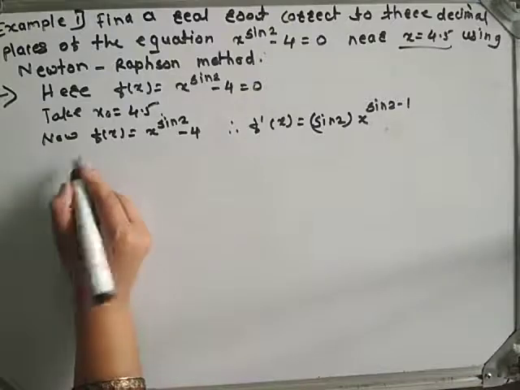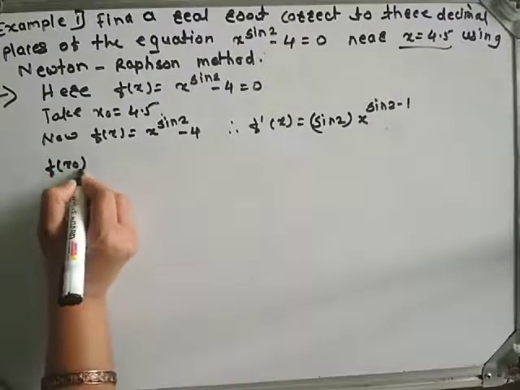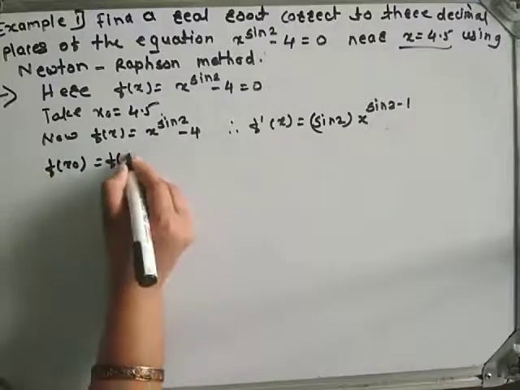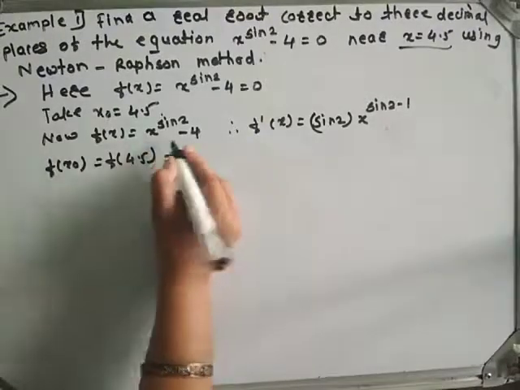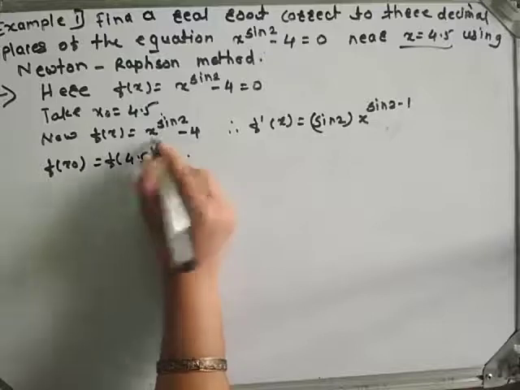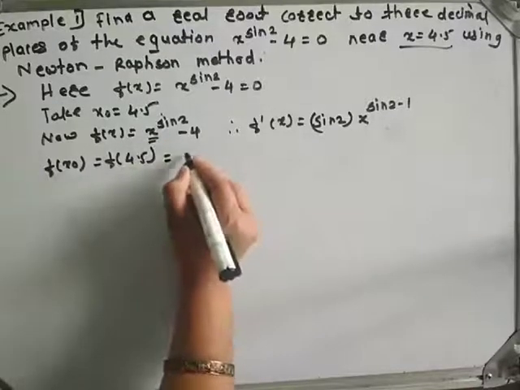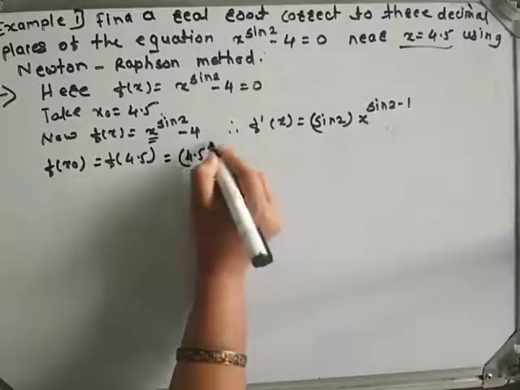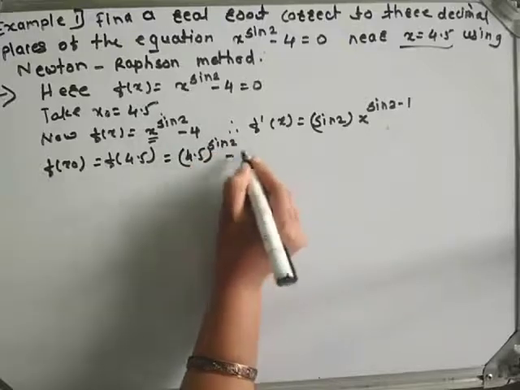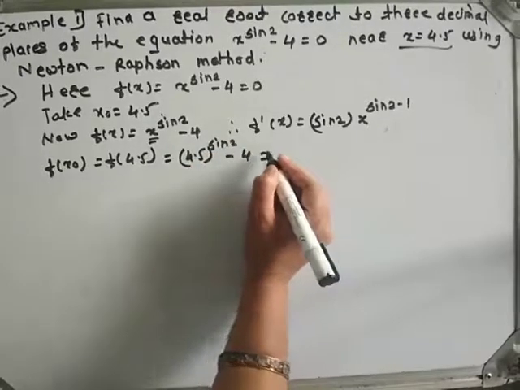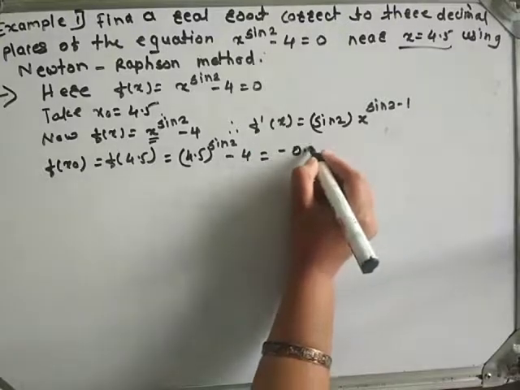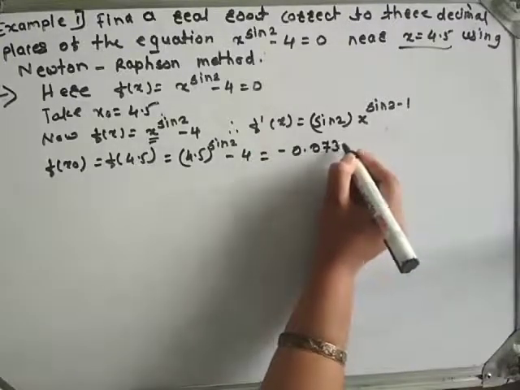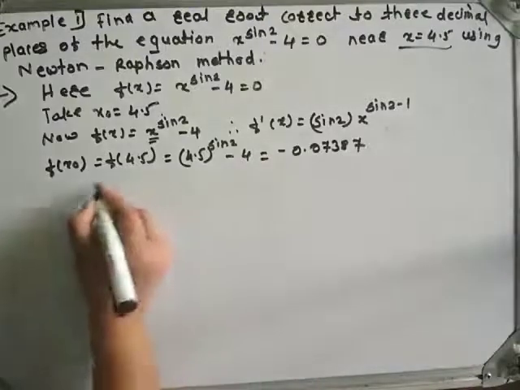Now we have to find f(x0), that is f(4.5), which is equal to, replacing x by 4.5, we get 4.5^sin2 - 4. After calculating this value, we get -0.07387.